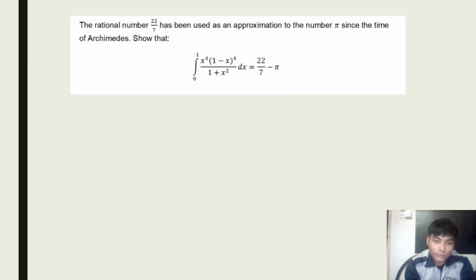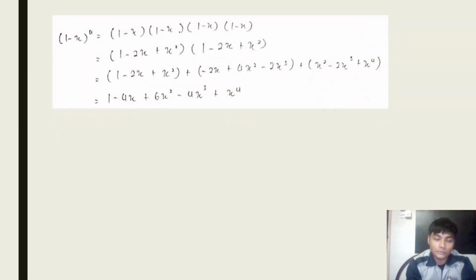To solve this problem, first we need to simplify this equation, which is x power 4 times 1 minus x power 4. To simplify, first we need to expand 1 minus x power 4. When we expand that, we will get 1 minus 4x plus 6x squared minus 4x cubed plus x power 4.